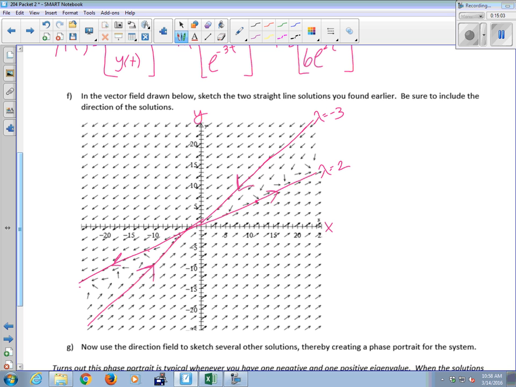And then if I were going to use the direction field to sketch several other solutions, I would create a phase portrait. You can just pick any random spots you want, and they tend to follow the straight line solutions. They won't cross the straight lines because of uniqueness. So we've got solutions that look kind of like this, then solutions that look kind of like this.